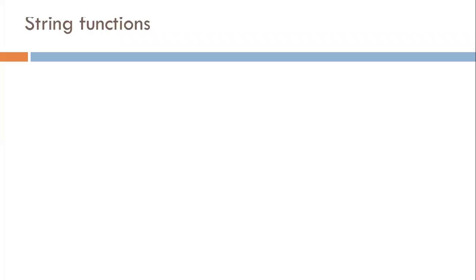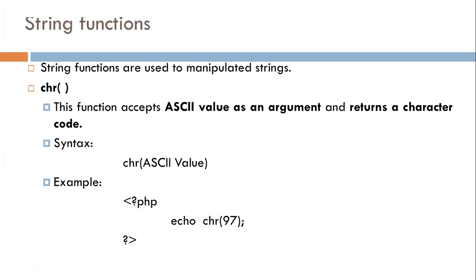Now let's start our session with string functions. First function is chr. This function accepts an ASCII value as an argument and returns the character. Syntax of this chr function is chr in brackets, it takes an ASCII value.